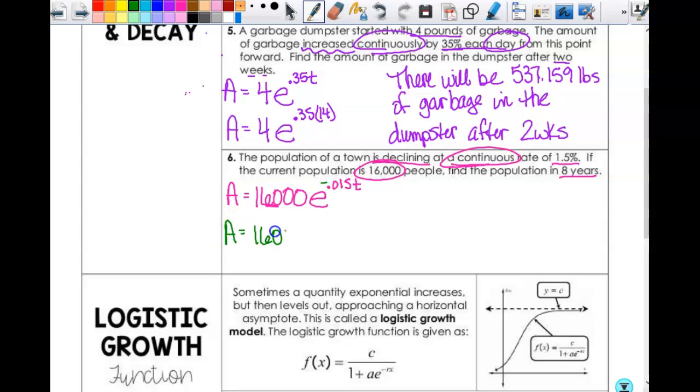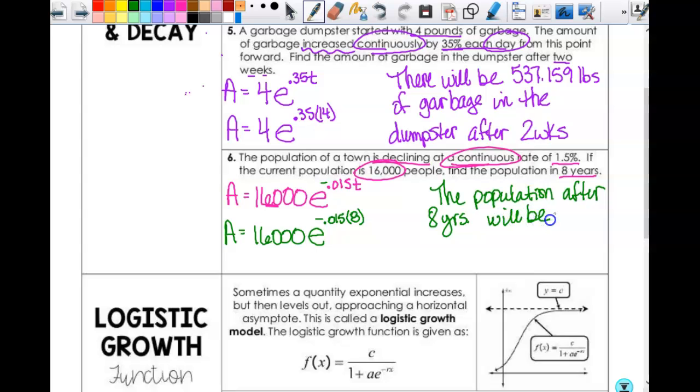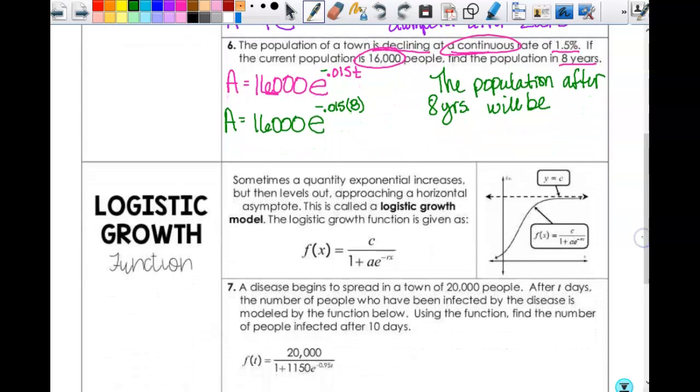So then A is equal to 16,000 times e to the negative 0.015 times 8. We can say the population after 8 years will be this is what I got.